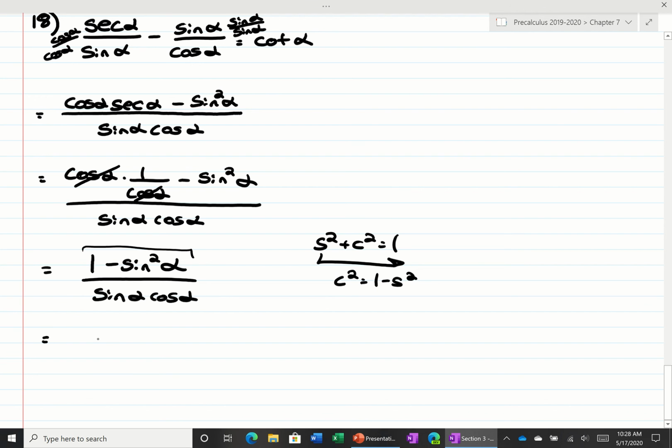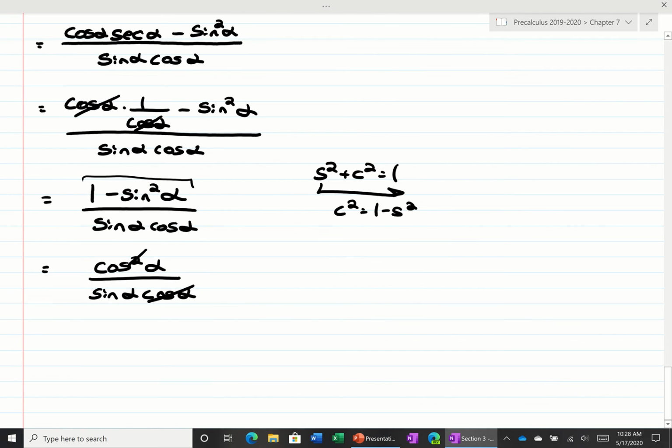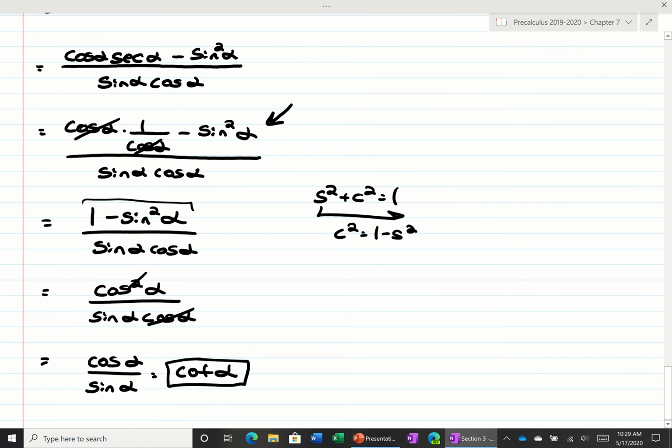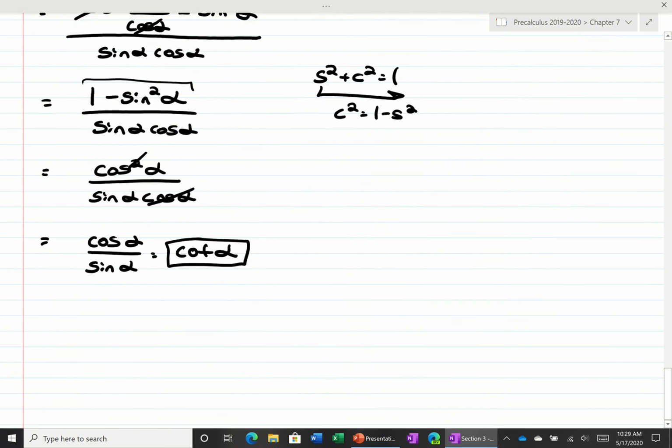It's cosine squared. One of these cosines that you're squaring cancels with one of these cosines, and we just wind up with cosine over sine, which is what we wanted. This is just cotangent of theta. That one's a little bit longer, but I would expect everyone to be able to get to this step right here. Get a common denominator, convert. Common denominator might even be a little bit tricky, but hopefully everyone can convert to sines and cosines.